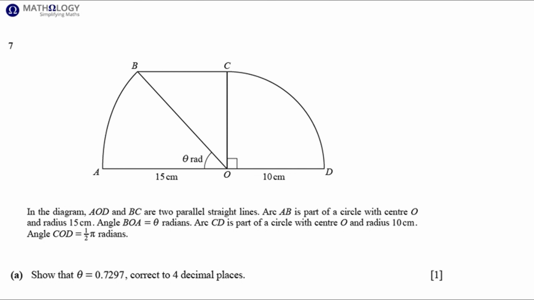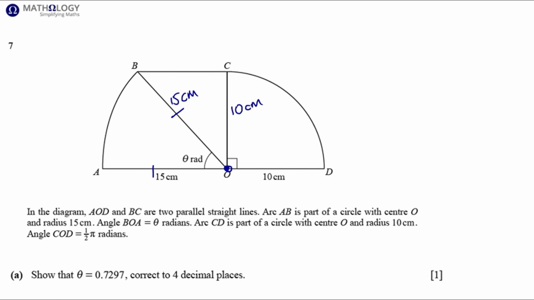Okay, so we have O being the center of sector OCD. So OC is also 10 centimeters. So OC and OD are the radii of sector OCD. Sector ABO has OB also being 15 centimeters. AO and BO both equal 15.